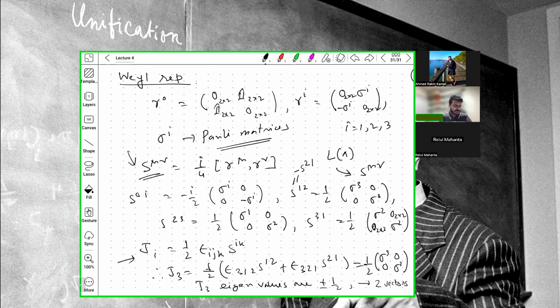Because it is a 4 by 4 matrix, it will eventually give spin up and down for each particle, so all in total 4, and eventually it will lead to 2 spin up particles. Okay, so I should stop here, and thanks for your patience, and I can take questions.